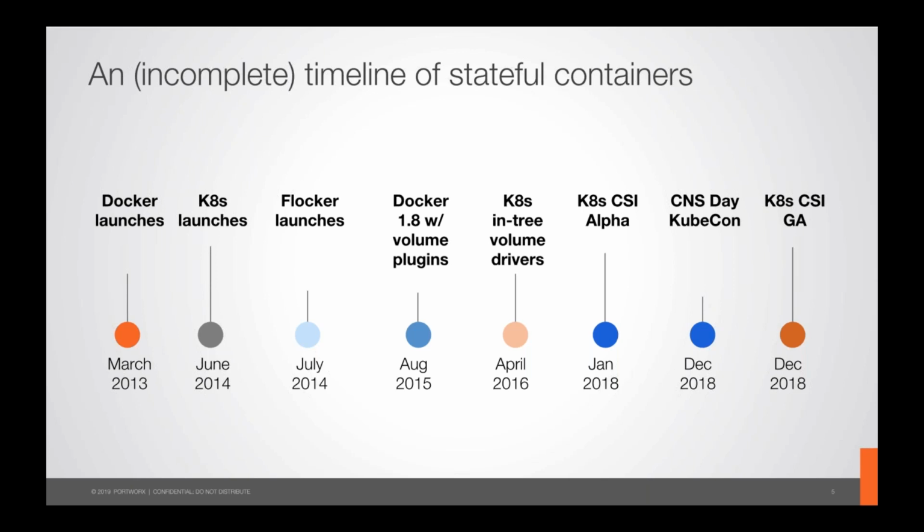CSI solved a problem of the in-tree drivers. An update to them required updating the entire Kubernetes code base. It made it very hard for storage providers to get their plugin into Kubernetes to make it available to their users. It was kind of a testing nightmare. There were a lot of combinations depending on the scheduler used and the underlying container engine that you used.